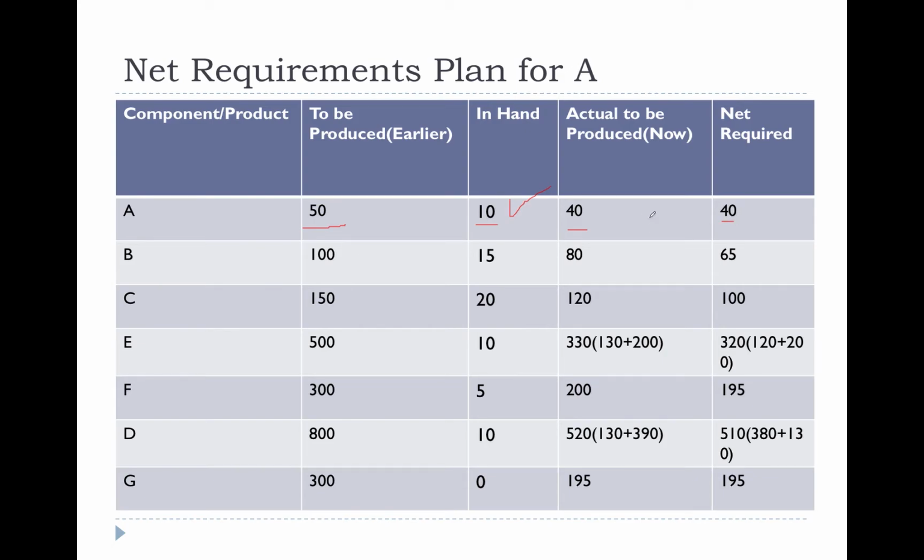B's required are 2 times the A's, so the net requirement of A is 40, so the actual requirement of B is going to be 80, right? Because you already had 10 A's in stock. And if you have 15 B's in hand, then you can deduct 15 from 80, and the net requirement of B is going to be 65, right? So that way you can calculate it.